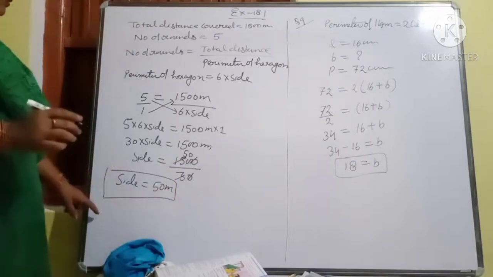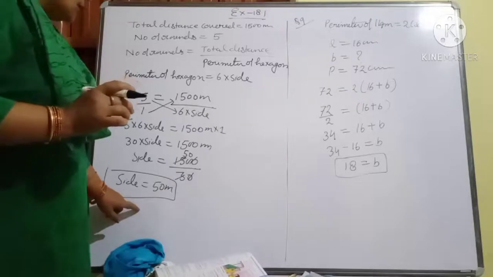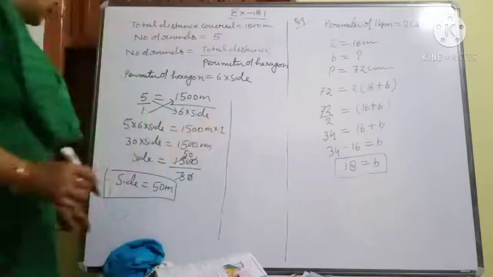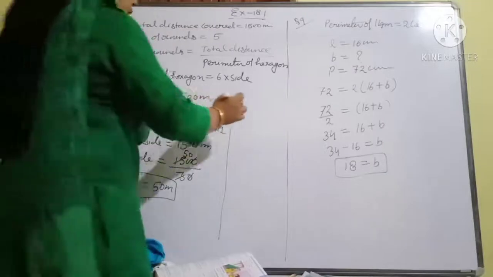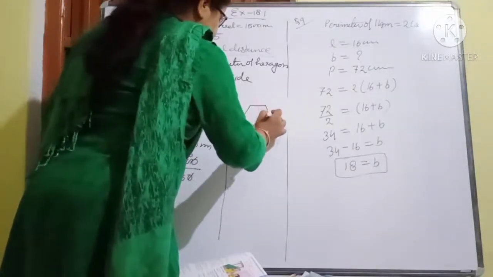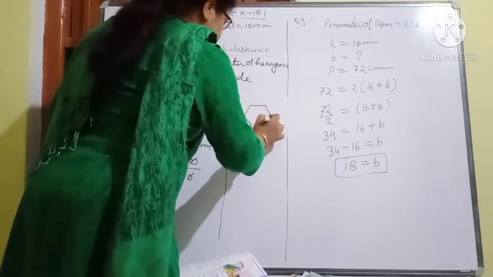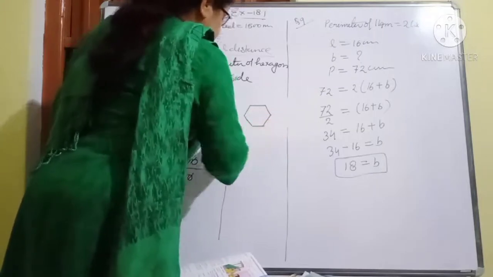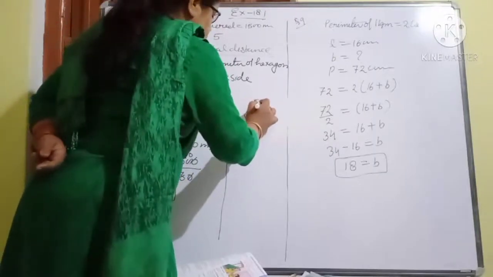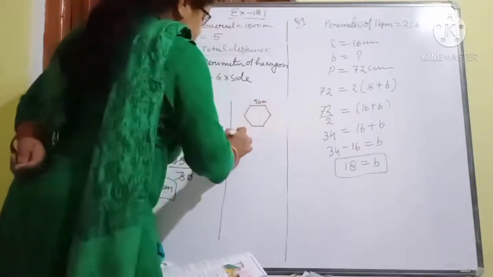Now we will try to understand the concept, or we are going to verify it. If the side of the hexagon is a figure like that, which will have 6 sides, suppose one side is 50 meter. So what will be its perimeter?